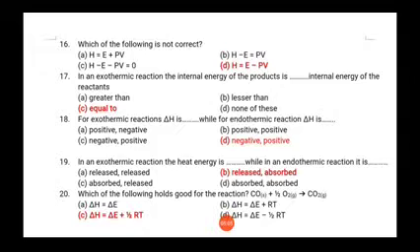So we know that whenever any exothermic reaction is going on, delta H is always negative, and for endothermic reaction, delta H is positive. So the correct option of this question is negative positive, that is option D.